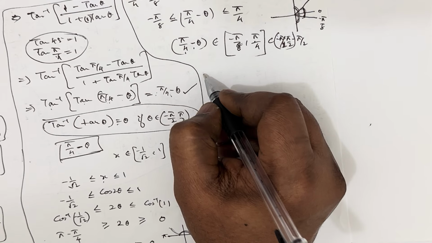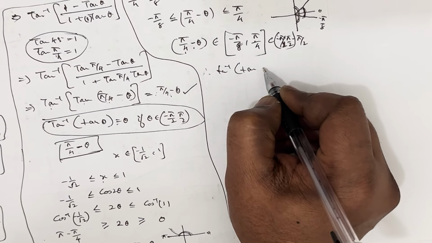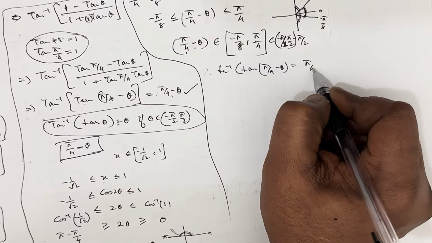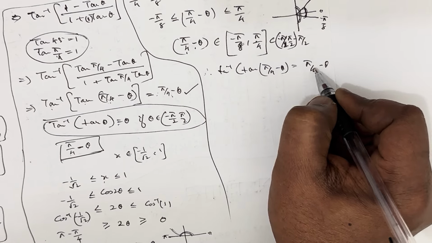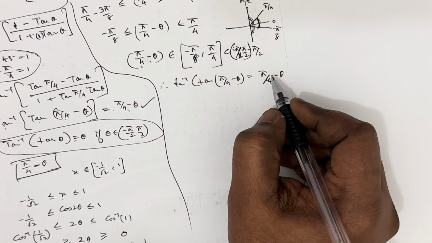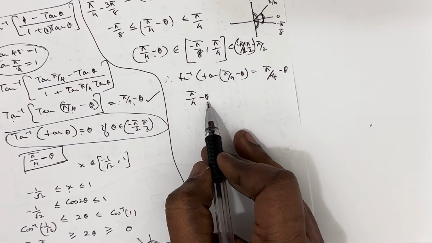So therefore we can say the tan inverse tan of pi by 4 minus theta is equal to pi by 4 minus theta. Now let's put the value of theta here.